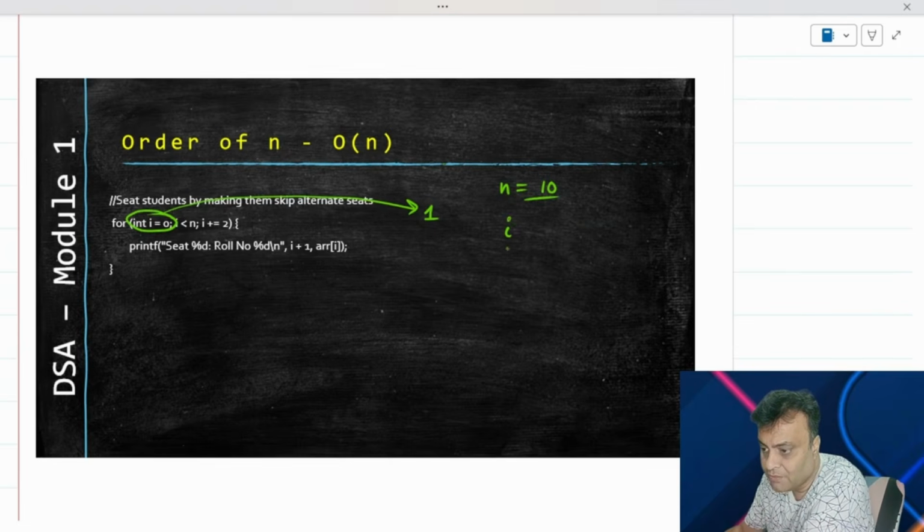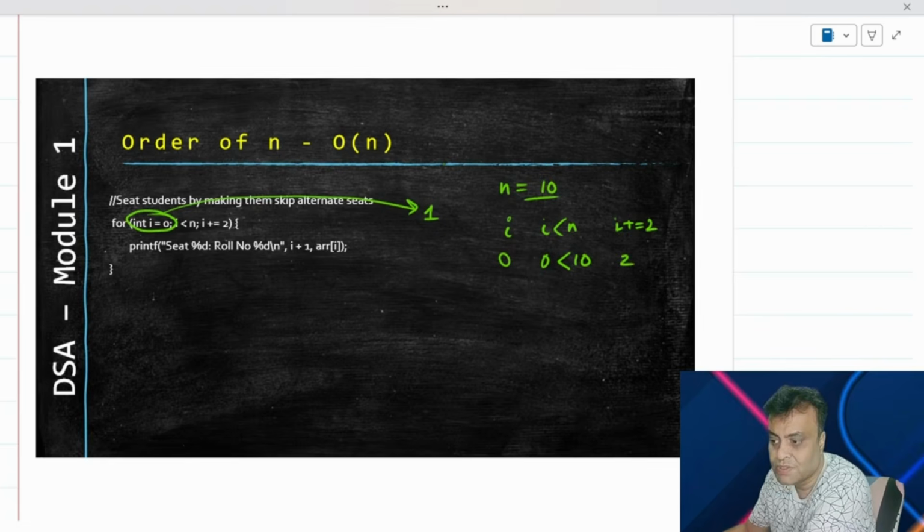So when the value of i is 0, it is getting compared: 0 is less than 10. This is true, so it will enter and do an i plus equal to 2, which means it will become 2.